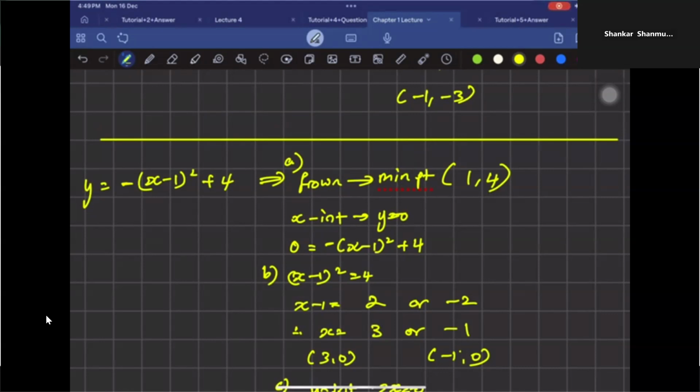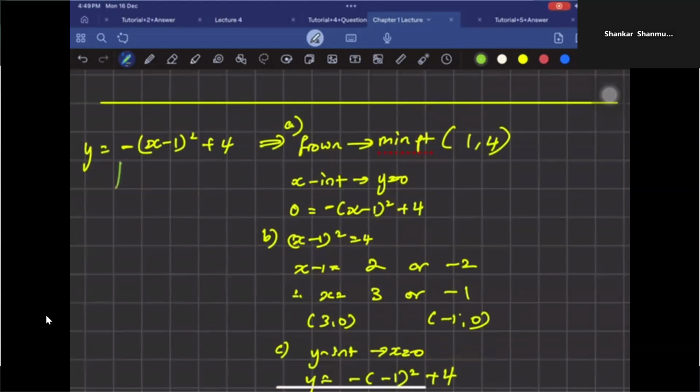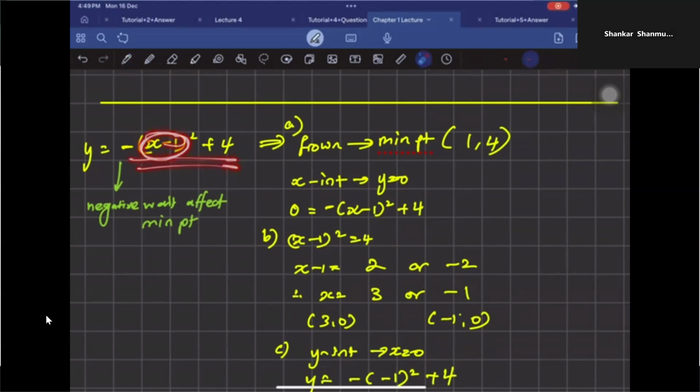And also remember this negative won't affect your minimum point. Given that your equation is given in this form, you just need to look at what's inside the bracket and what is here.